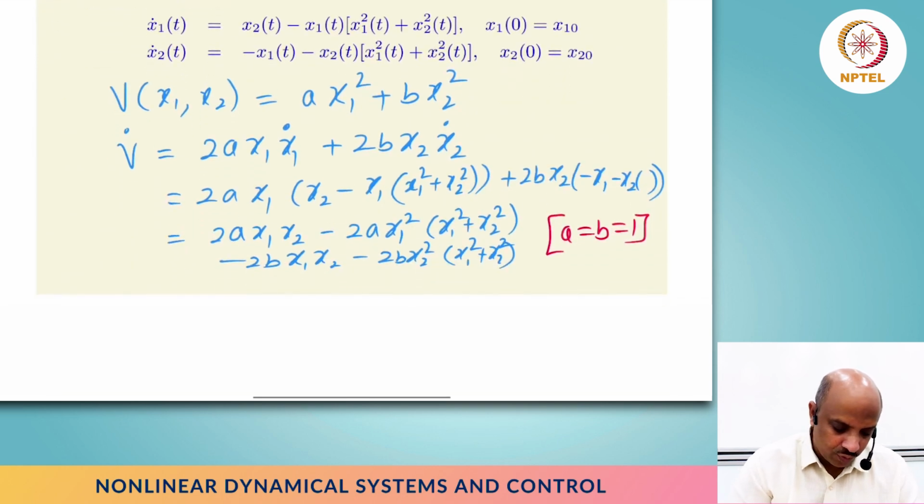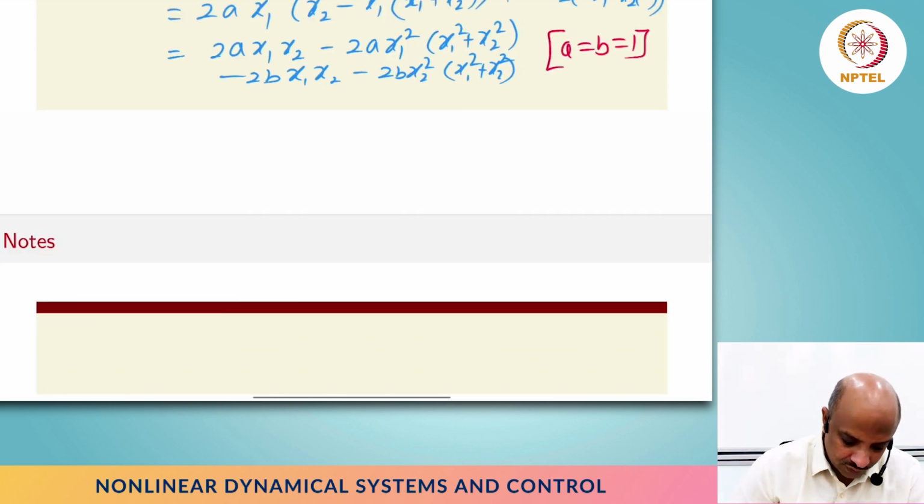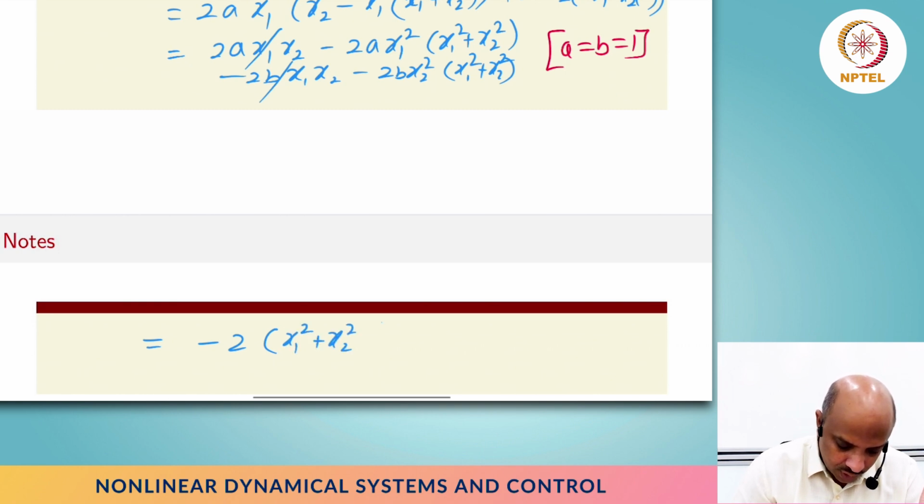Why do I want to pick that? Because these cross terms, x1 and x2 products, are always going to be a problem in terms of showing non-negativity. Not always, but sometimes it's easier to set them to 0. So I'm going to pick a and b equal to 1, so that those parts cancel with each other, and after manipulating, you will get minus 2 times (x1 squared plus x2 squared) times (x1 squared plus x2 squared).